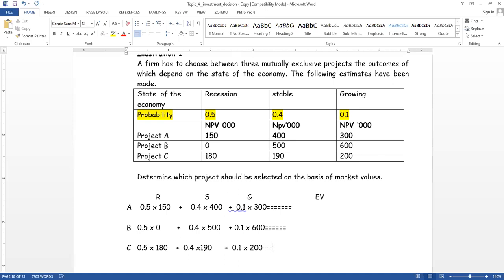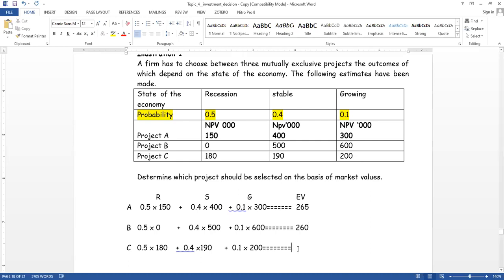So I need to save the expected value for each of these projects. And a project which has got a higher EV is the one that I will select. So what is the EV for A, B, and C? A is 265. Then B, 260.